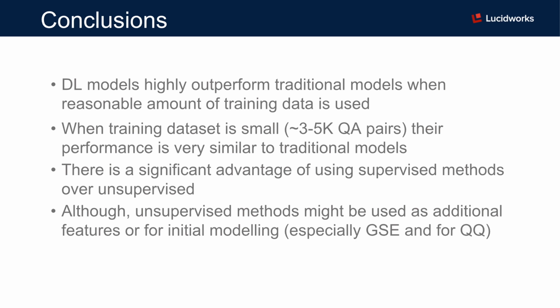But anyway, some unsupervised methods or an ensemble of them might be used as additional features for supervised models or for some initial modeling, especially when they are applied to the question-question similarity task and tools like Google Universal Sentence Encoder are used. So thank you again to everyone for joining, and that concludes our presentation.